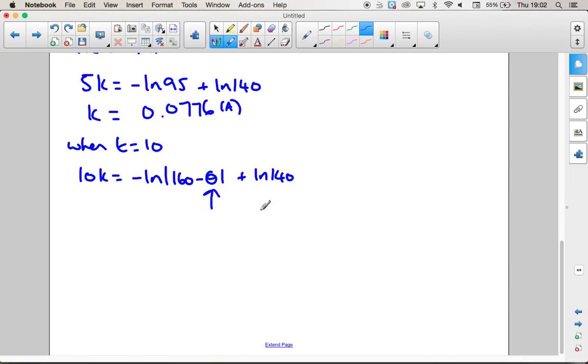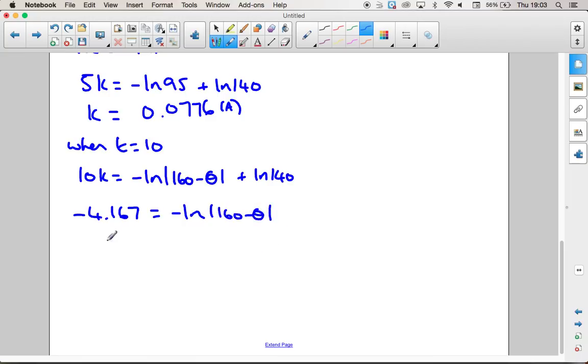We've eventually got to get this theta out on its own. So, first thing I'm going to do is move this ln 140. On my calculator screen at the moment, I've got my k. I'm going to times that by 10, and I'm going to take away ln 140. And that gives me minus 4.167. So that's equal to ln of 160 minus theta.